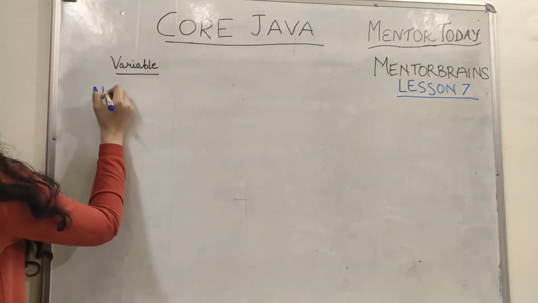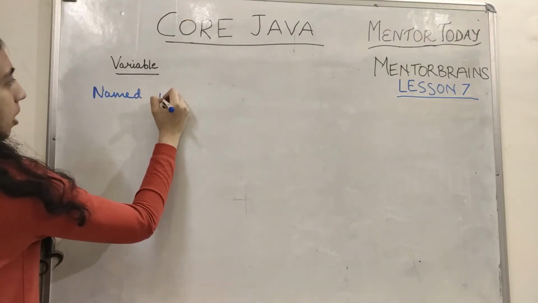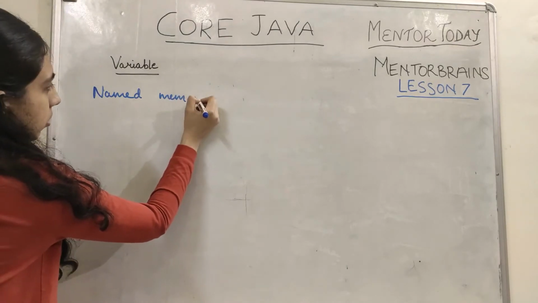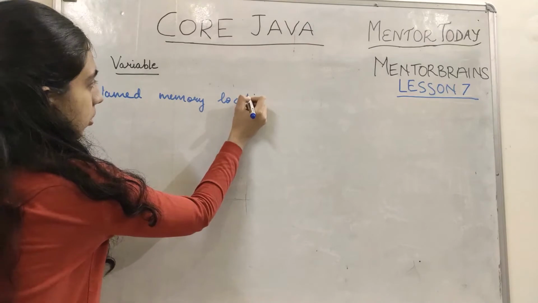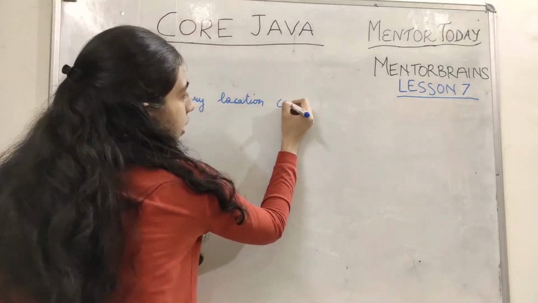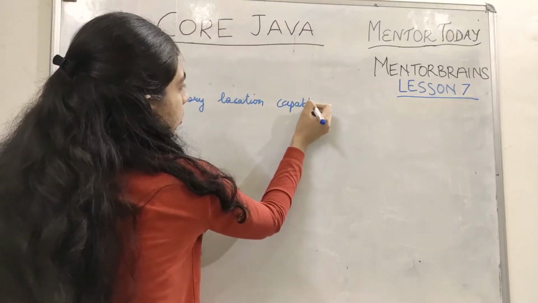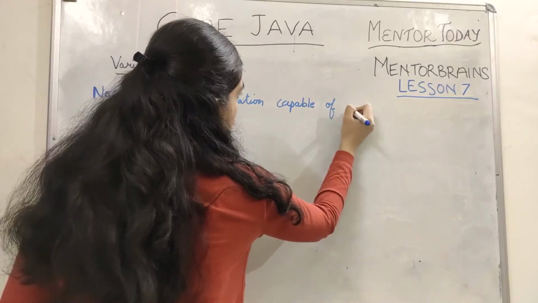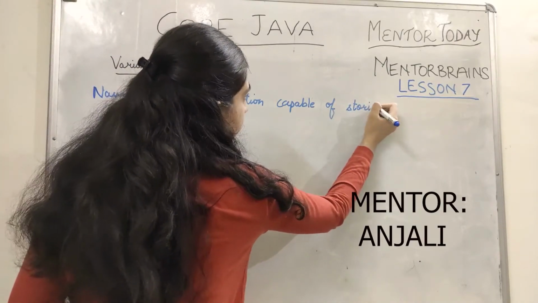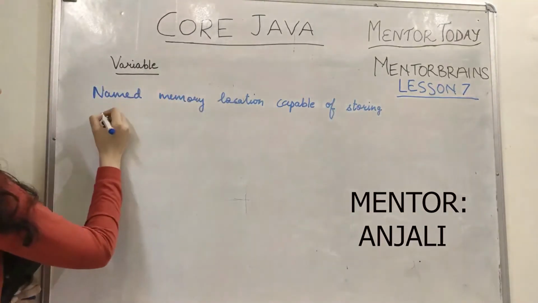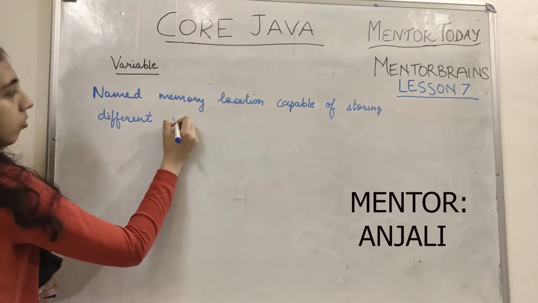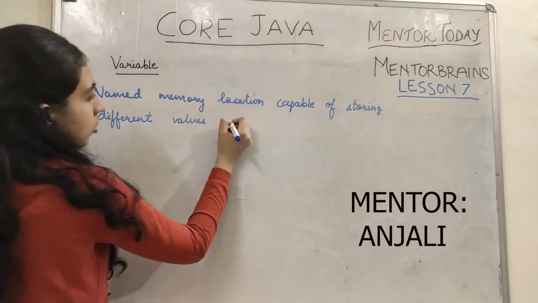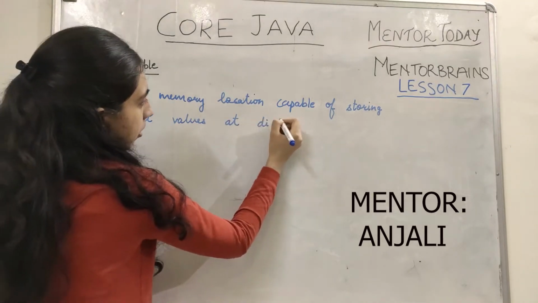So a variable is a named memory location which is capable of storing different values at different times.